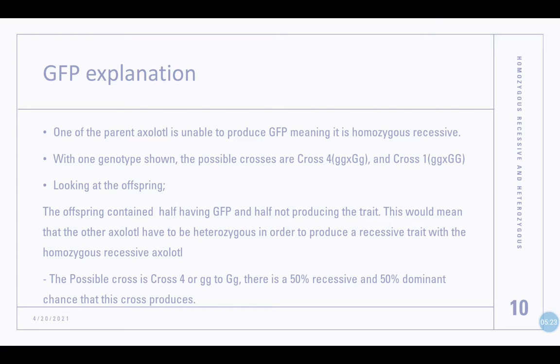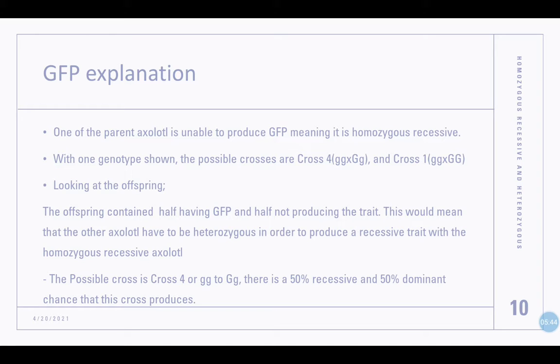So, looking at the offspring, half have GFP and half do not produce GFP. This would mean that the other axolotl would have to be heterozygous in order to produce a recessive trait with the homozygous recessive axolotl.